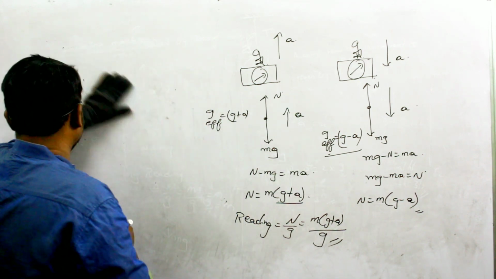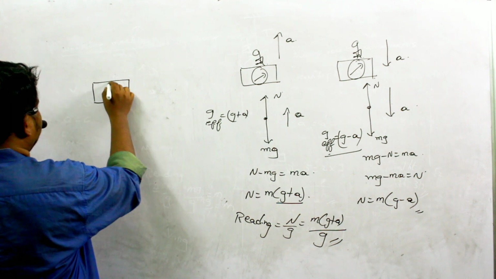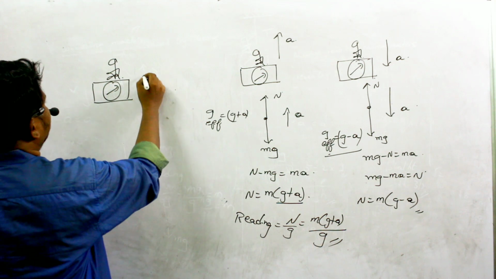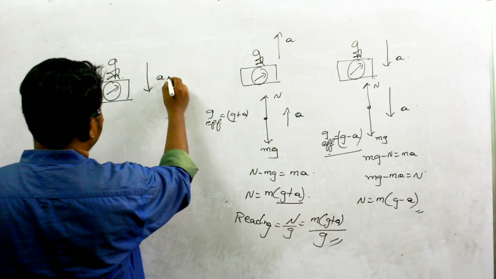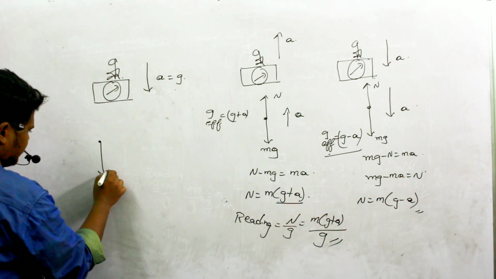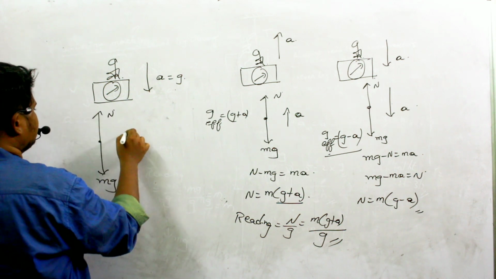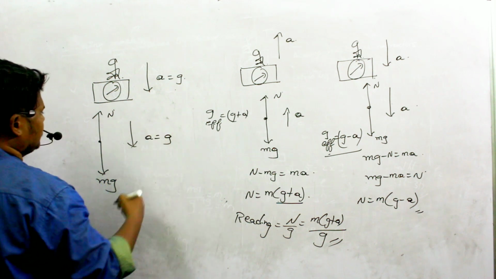Then let us see how we can understand that situation. So this is the weighing machine, and on this one a person is standing. Let us assume that this total system is freely falling with an acceleration of g. So therefore, if I draw the free body diagram, mg is acting downwards, normal reaction is acting upwards, and a equal to g is acting downwards.